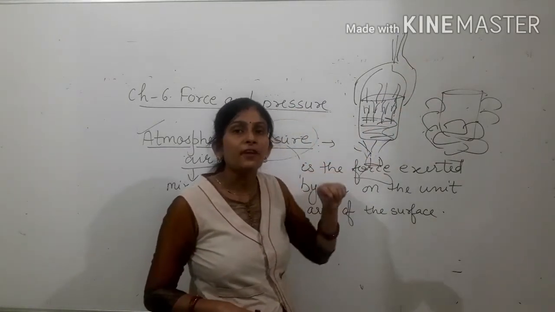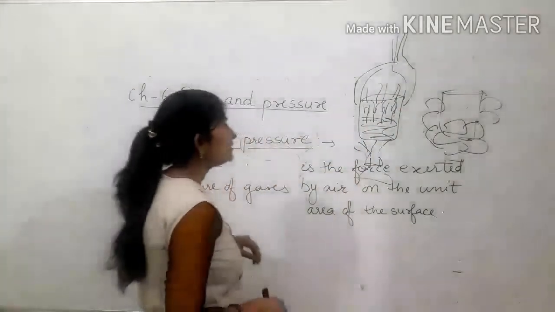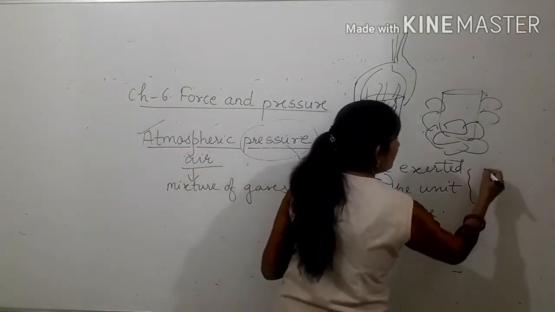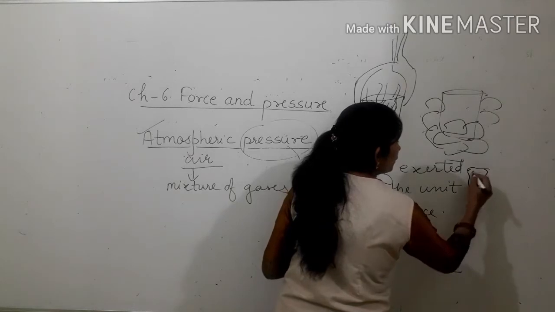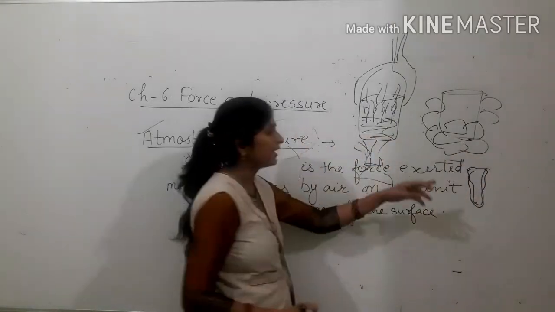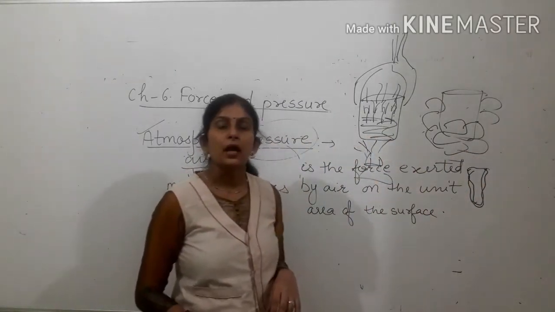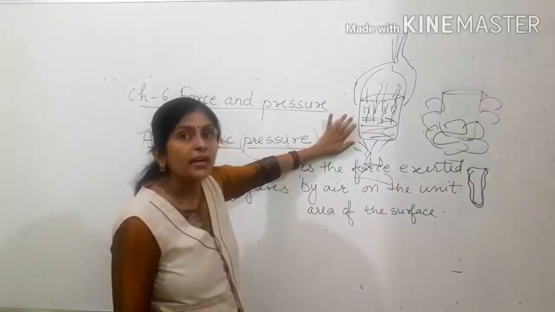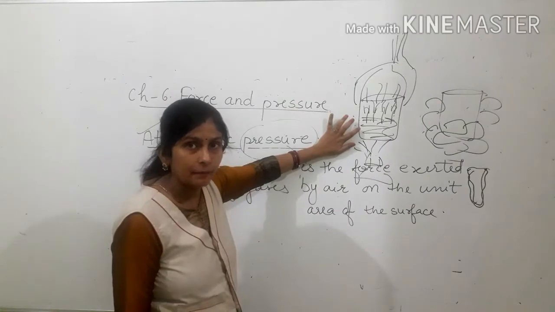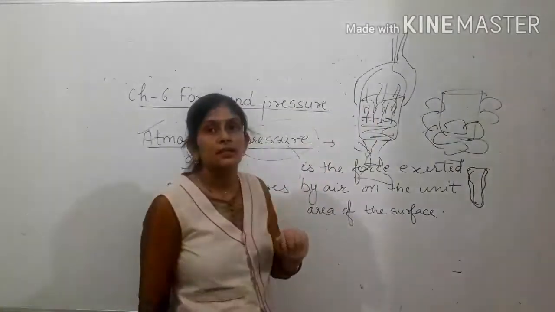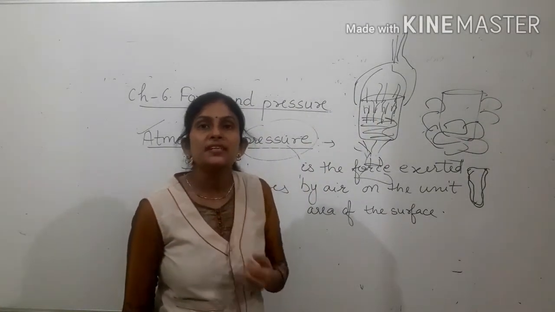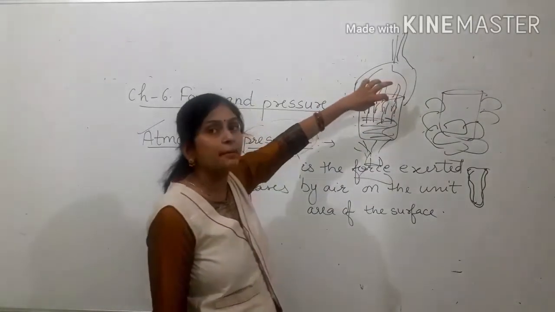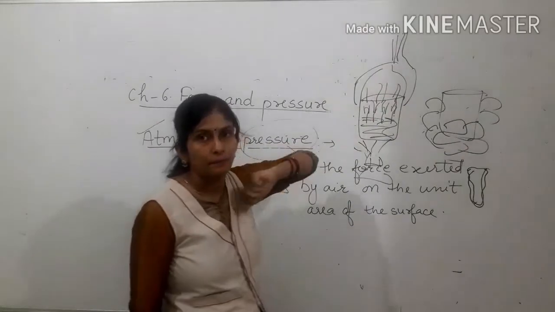Then what will happen? We will see that this can will be crushed, will be collapsed like this. Why? Because as you start boiling the water present in it, that water starts producing steam. That steam pushes out all the air present in it outside.